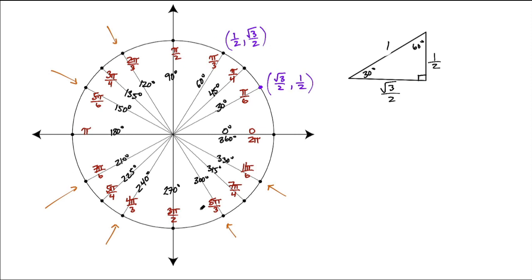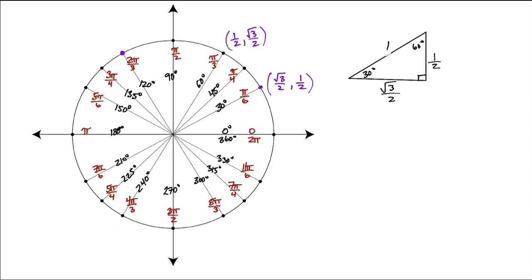Now what's really nice is we've already done everything we need to, because for the rest of these, the reference angles are either 30 or 60, and we already know how that affects the x and y coordinates. We just need to determine the sign of each of them, meaning whether it's positive or negative. So for example, right here, this point, if I were to connect that down, it would look the same as over here.